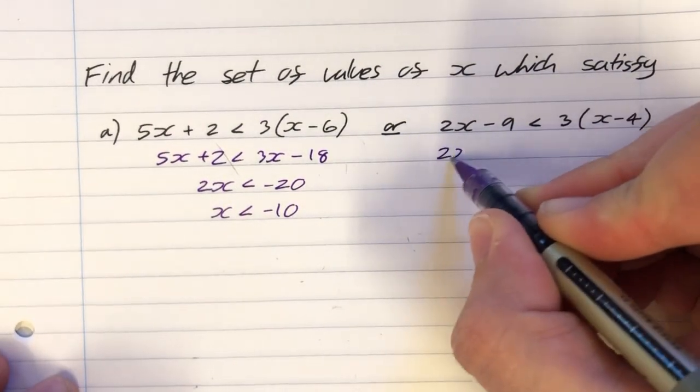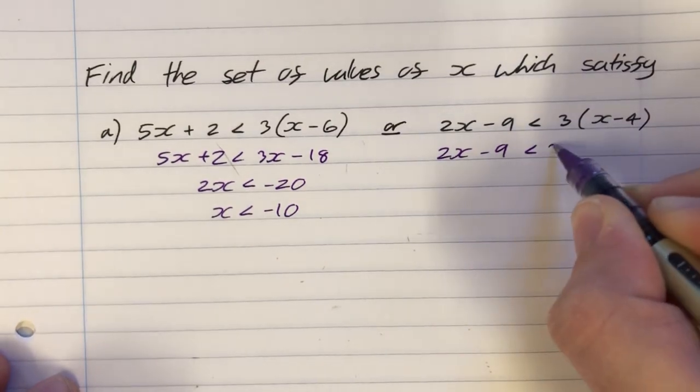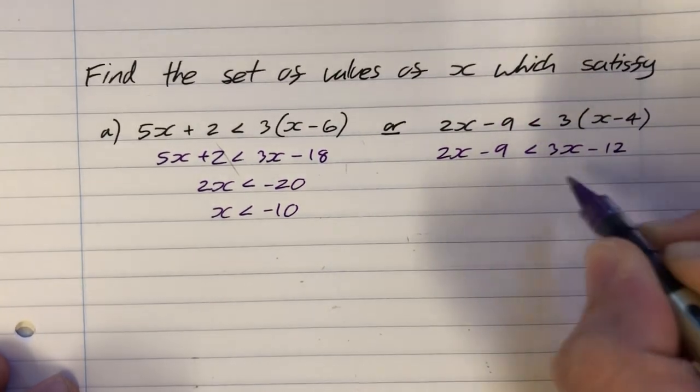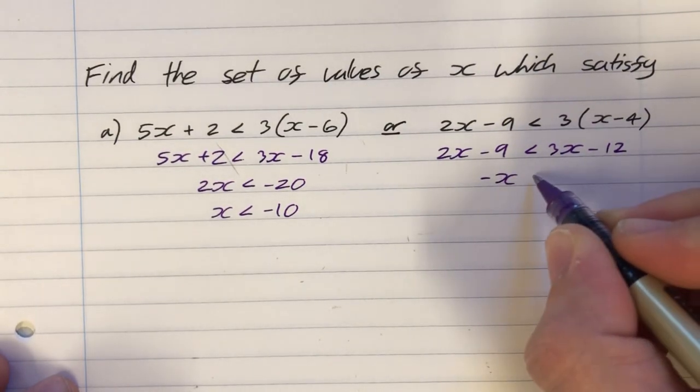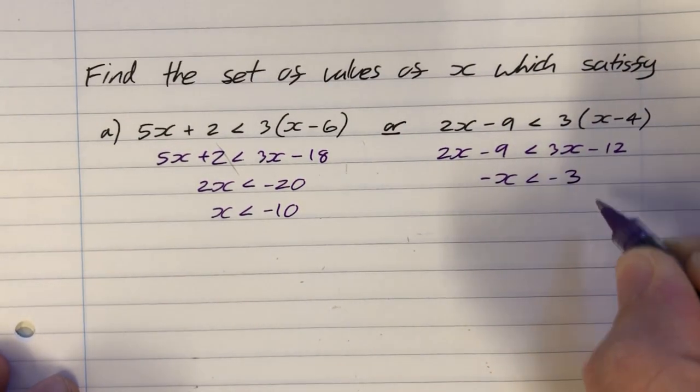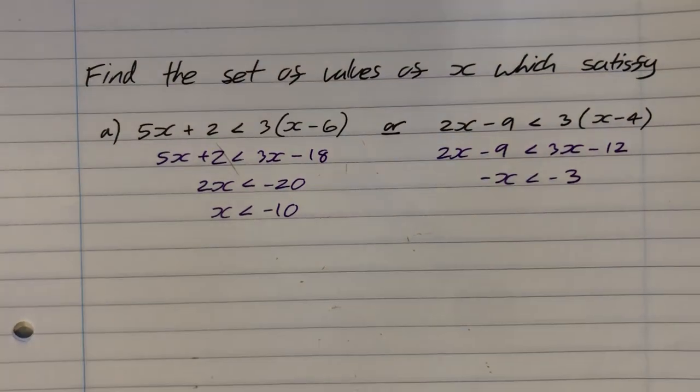This one we're going to have 2x minus 9 is less than 3x minus 12. Subtract 3x from both sides, it's going to be minus x. Add 9, that's going to be minus 3. Now at this stage, if it were an equation, I would times both sides by minus 1. But I can't do that because it's an inequality.